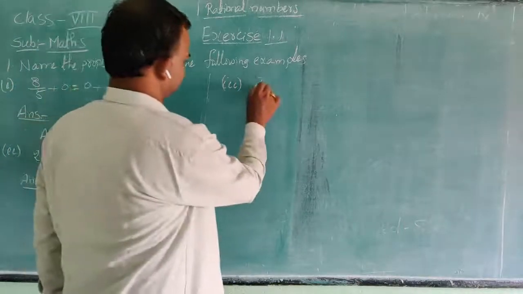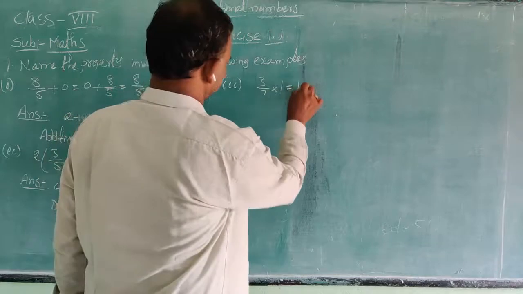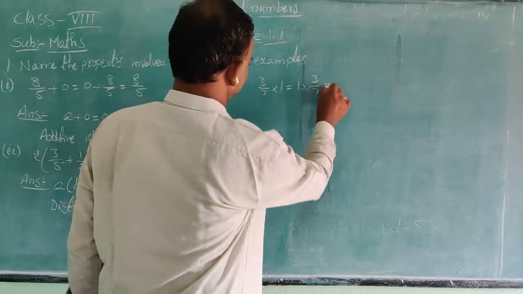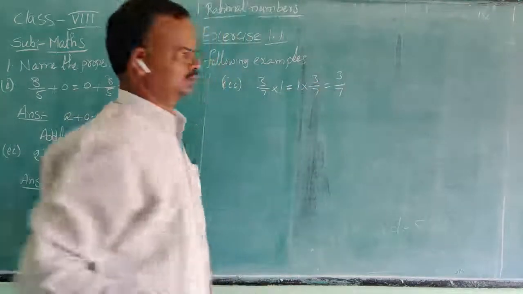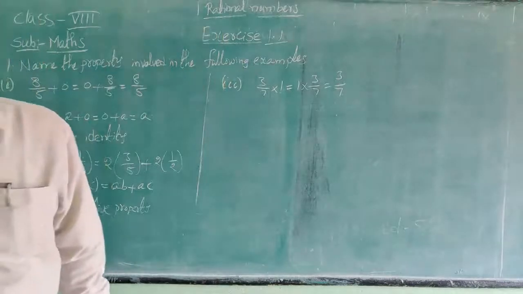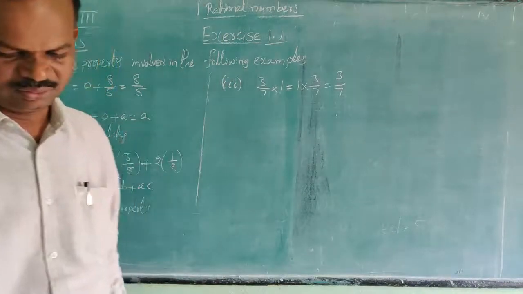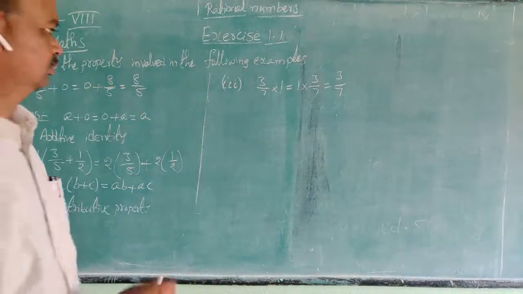Third one is 3 by 7 into 1 is equal to 1 into 3 by 7, which is equal to 3 by 7.